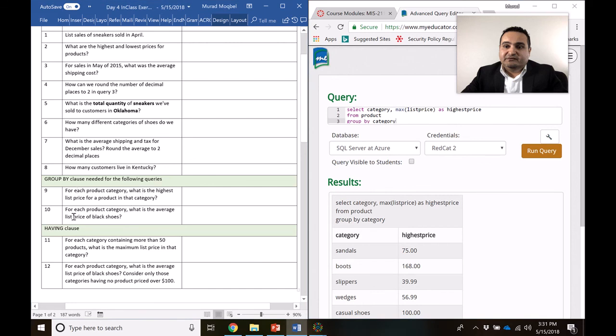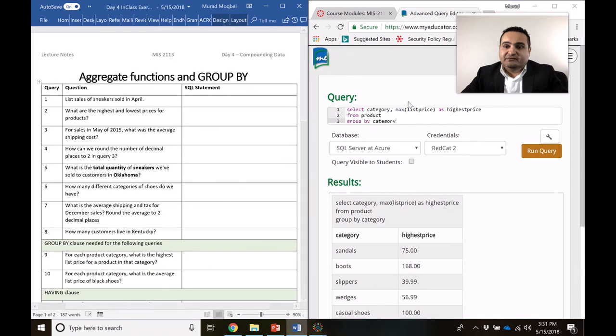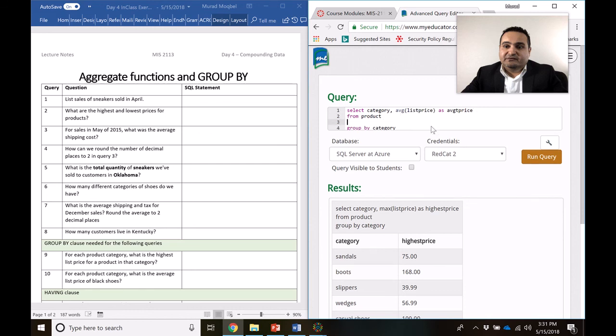Alright, so now let's see for each product category what is the average list price of black shoes. So in this case they want the average, so I will put average price: select category, comma, average list price as average price from product. And then I need where.